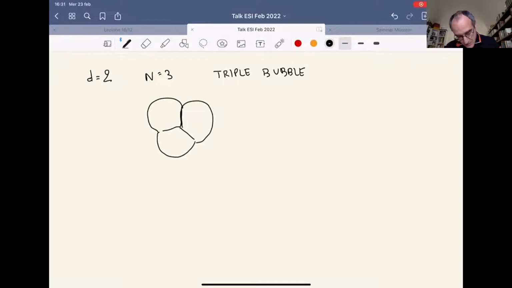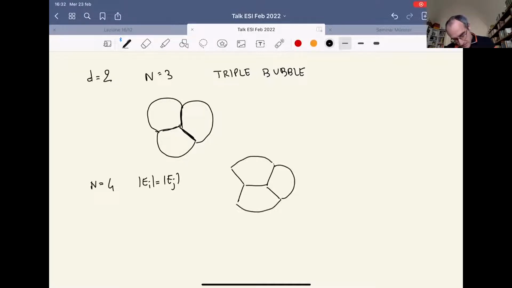And here you can also have arcs of circles. There is also something when n equals 4 and all the volumes are equal, so Ei equals Ej, and here you have a quadruple bubble which has a specific shape. I think it's something like that.